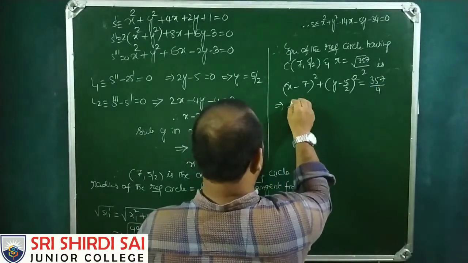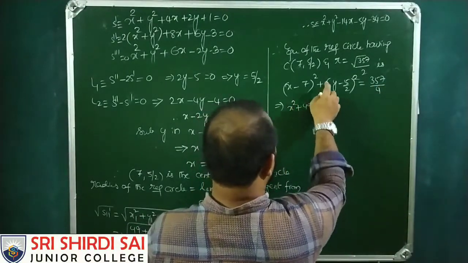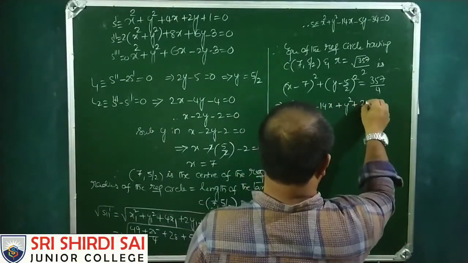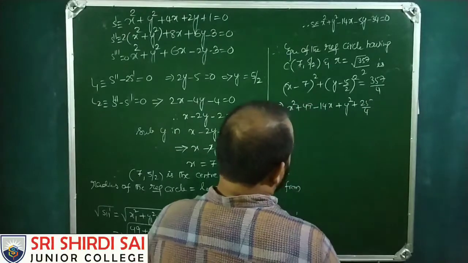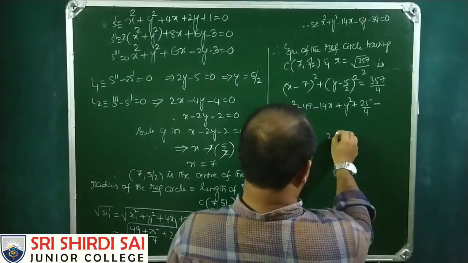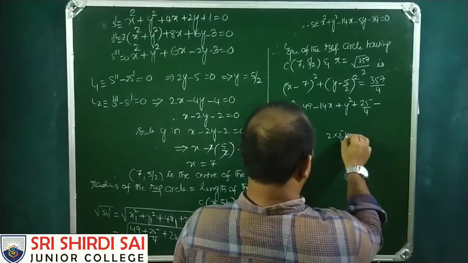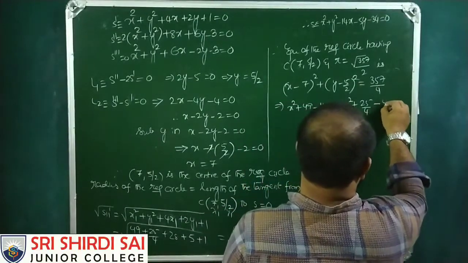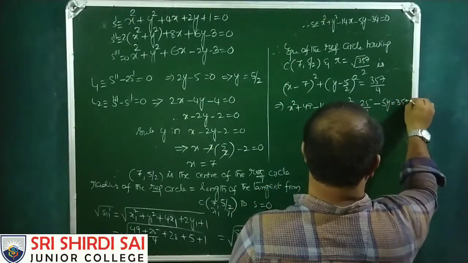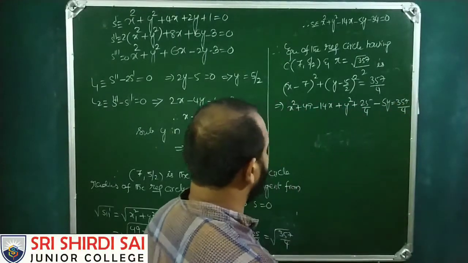This is x square, 7 square 49, 2 7s are 14x plus y square, 5 square 25 by 4, minus 2 into 5 by 2 into y, 2 gets cancelled. So 5y is equals to 357 by 4.